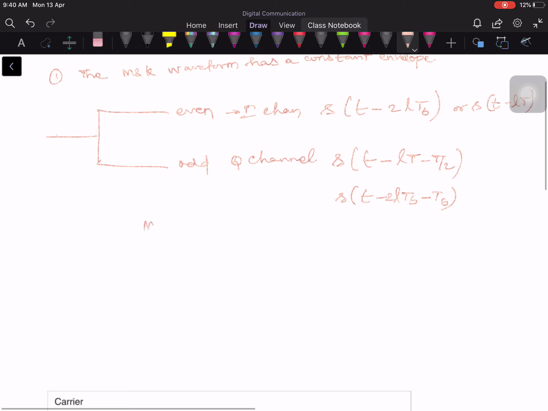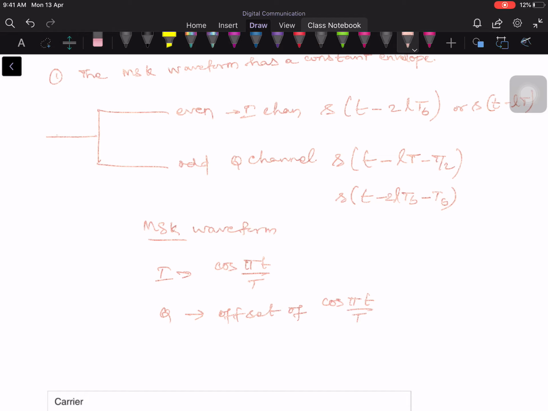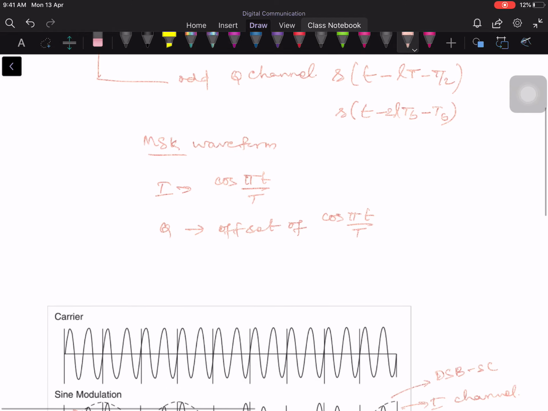And in the MSK waveform, we use half cosine pulses. For the I channel, we use a half cosine pulse, that is cos of pi t by capital T. For the Q channel, we use an offset of cos of pi t by capital T, that means T by 2 delayed.